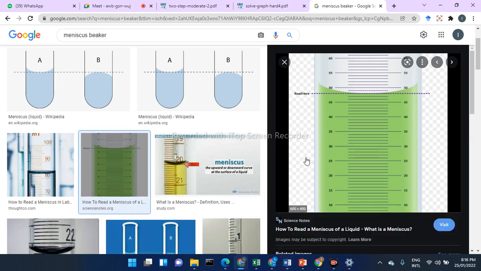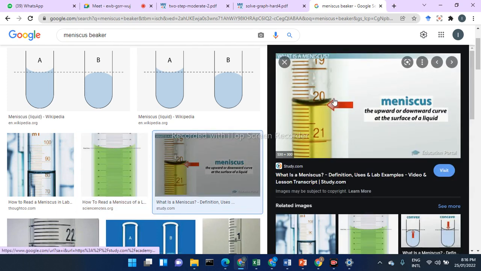The meniscus is something that's naturally formed. If you pour something inside, for example this measuring cylinder, it'll automatically form this C shape here. That just happens automatically. And so when we're reading, so that everybody can have an accurate reading, we make sure that the measurement we take is at the bottom of the meniscus.